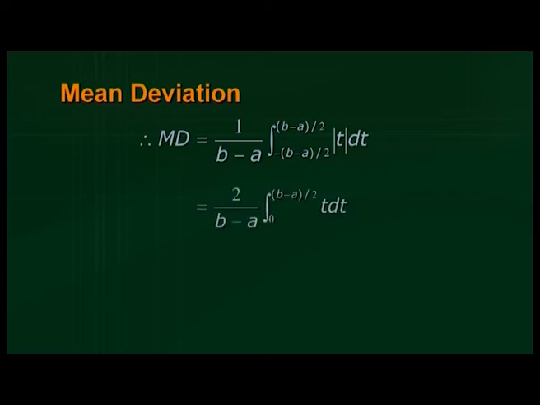Hence, we get 2 divided by (b minus a) into the integral from 0 to (b minus a)/2 of t dt, which is equal to 2 divided by (b minus a) into [t square divided by 2] ranging from 0 to (b minus a)/2, which is equal to (b minus a) divided by 4.